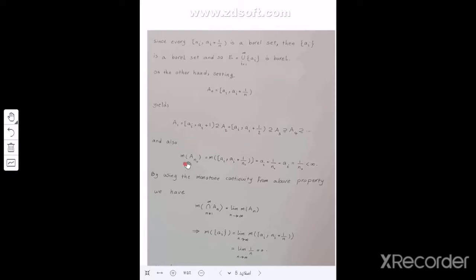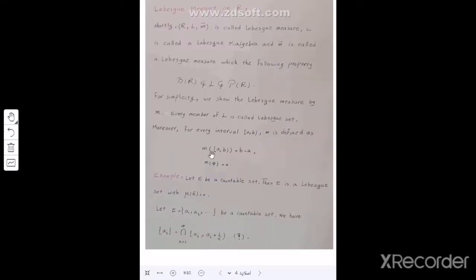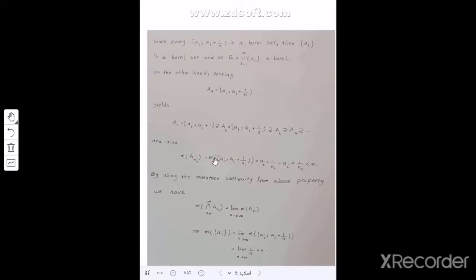Also, M of this interval is equal to B minus A, so M of A1 equals 1 over n0, which is less than infinity.